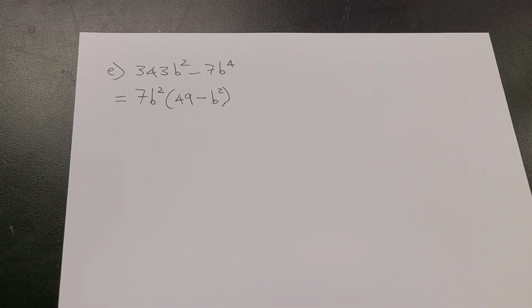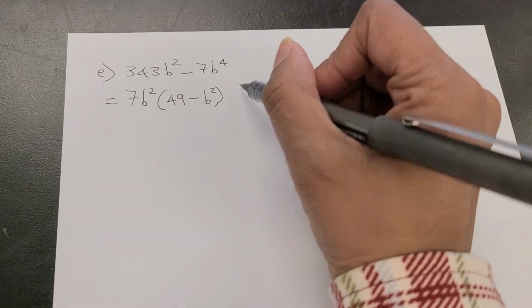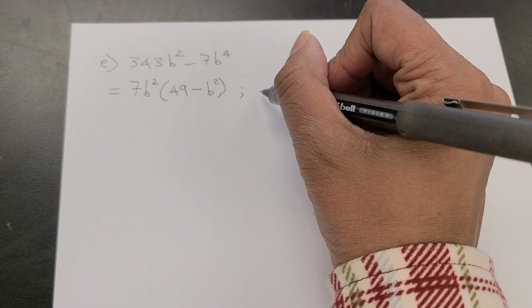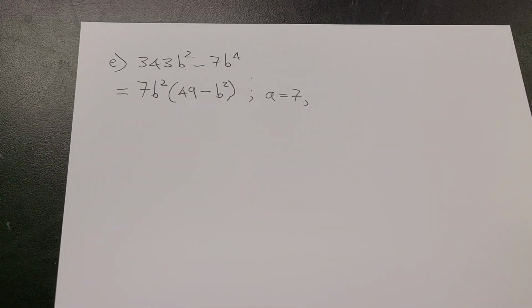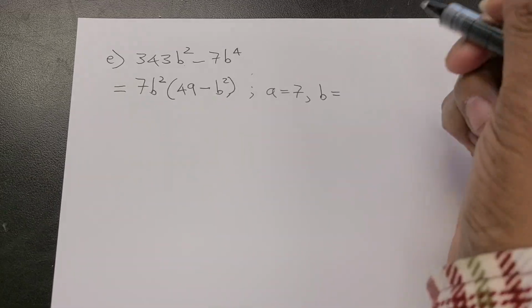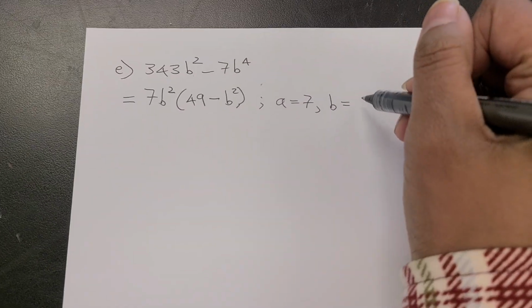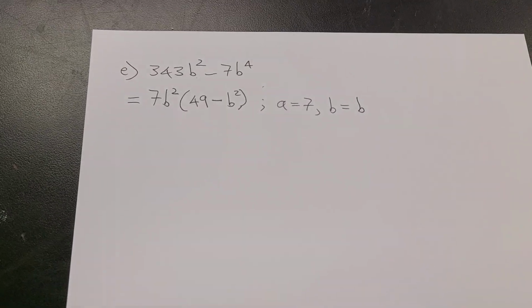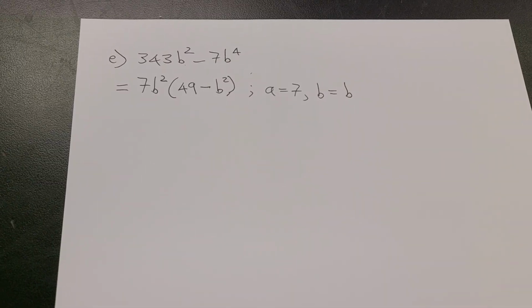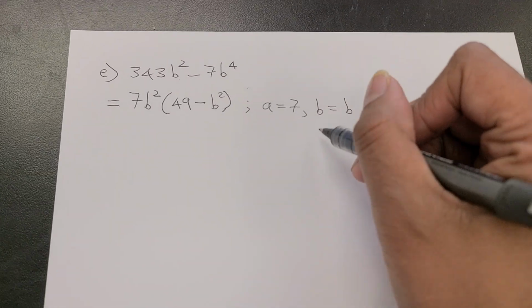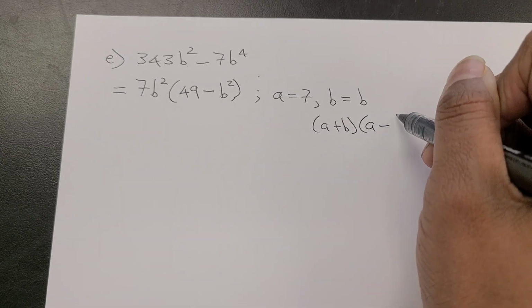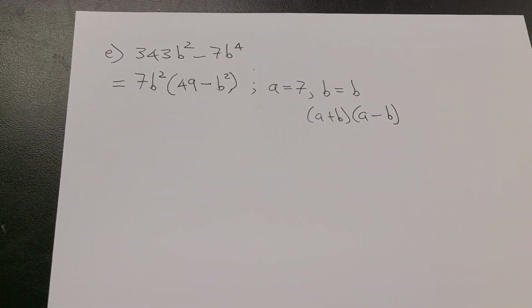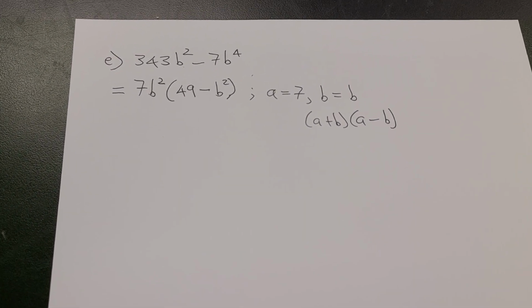Also remember, the difference of squares can also be in this reverse direction as well. Okay, so now I'm going to break it down again. Inside the bracket, let's put a is equal to square root of 49 is 7. And b is the square root of b squared, which is also equal to b. Because I just want to put it into my expression for the difference of squares, which is a plus b and a minus b.